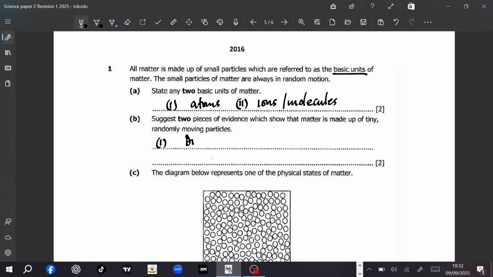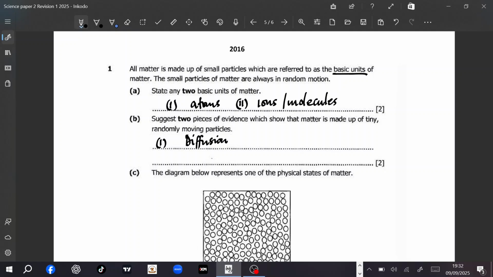diffusion. Diffusion shows that matter has particles which are very small and are moving. Why? Because when you spray perfume in one place, for example, if someone has sprayed perfume, you are able to sense the scent of the perfume. How?